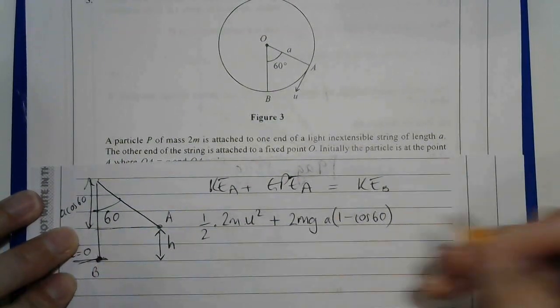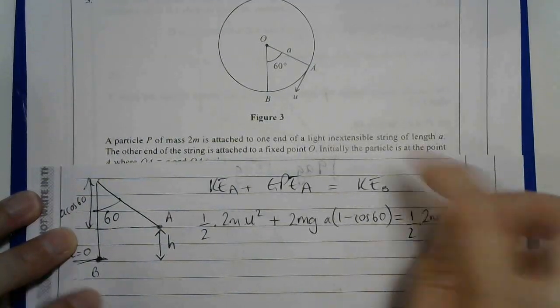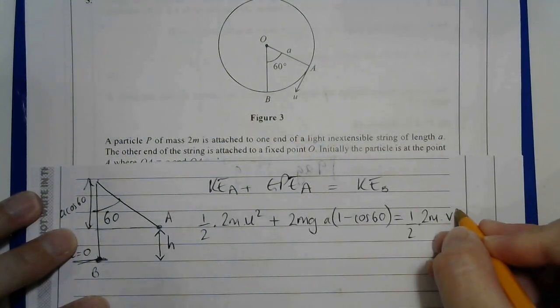That is this height here. Then it will equal half times the mass, which is 2m, times the velocity at B, which I'll call v, squared.